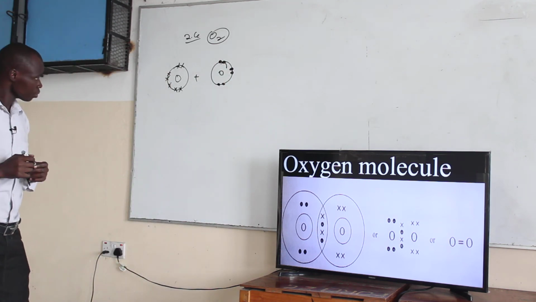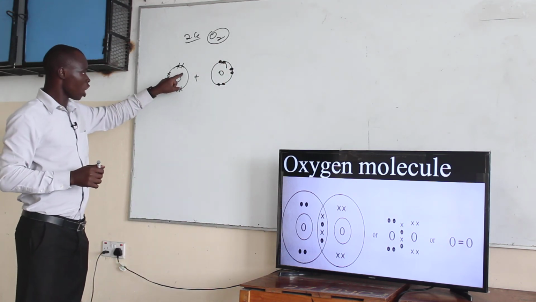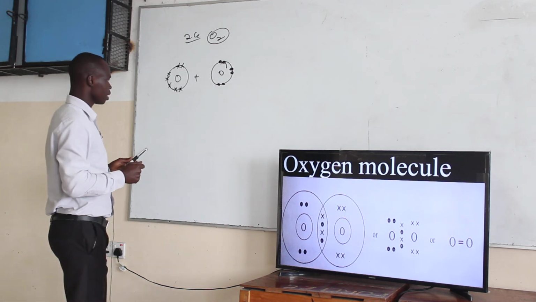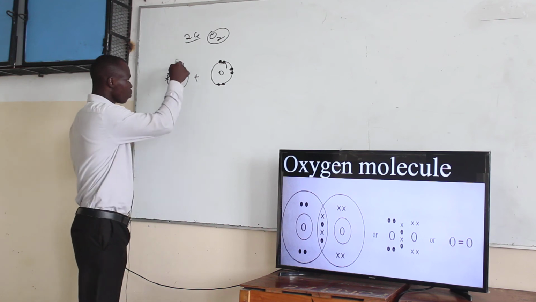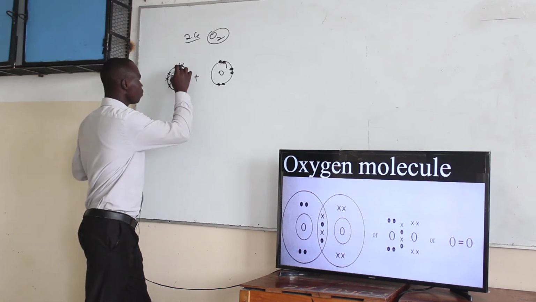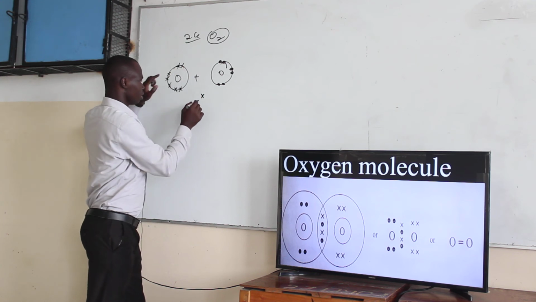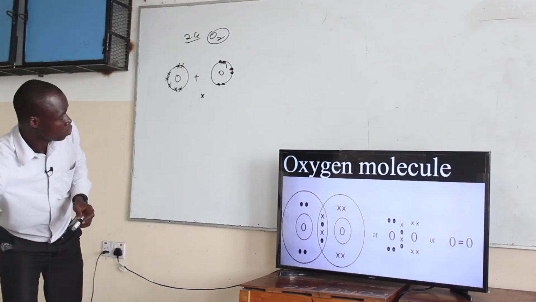Now, we need this one to count to 8 and this one to count to 8. So, if this oxygen contributes this electron, let me just draw it this way.